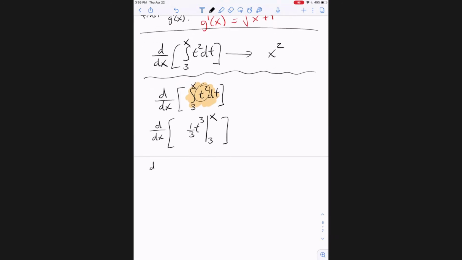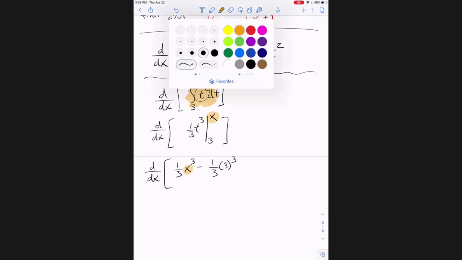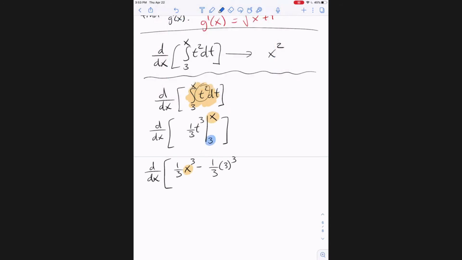Following the rule of the other fundamental theorem of calculus part, that's 1/3 plug in x, so it would be x to the third, minus 1/3 plug in 3 to the third. So I plugged in x, minus I plugged in 3.